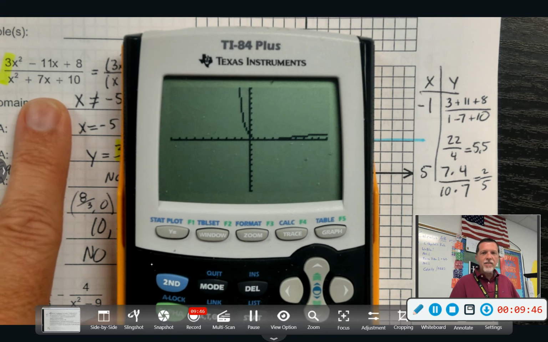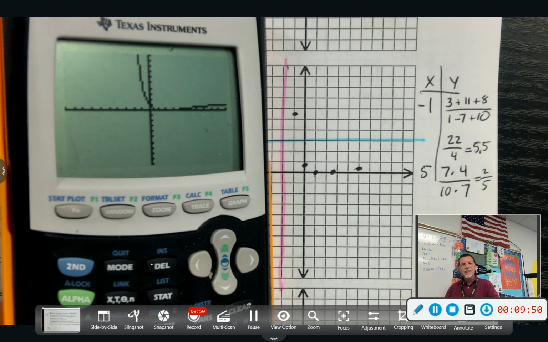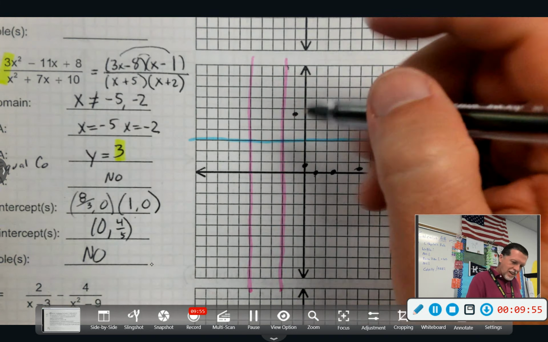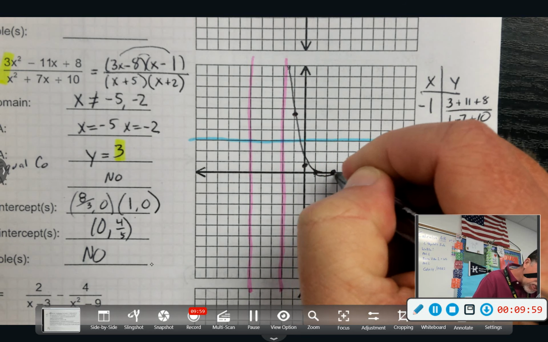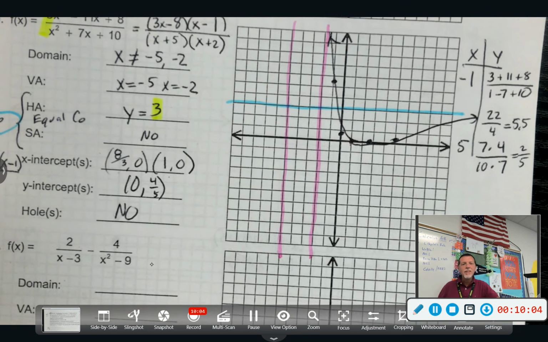Yep, that's what we thought would happen over there. And in fact, it's going up really slowly. Okay, so that's terrible.